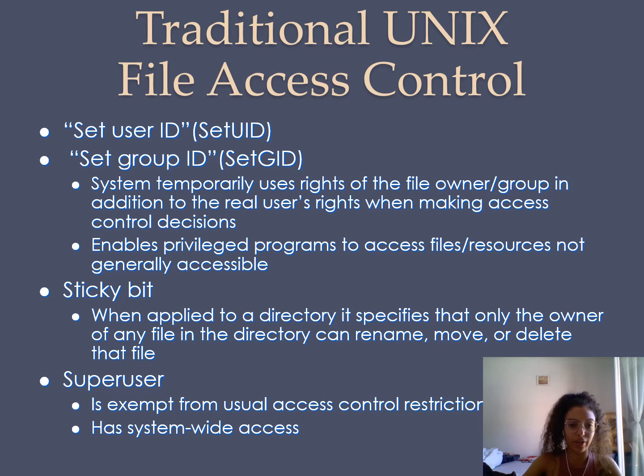These are known as the effective user ID and effective group ID, and are used in addition to the real user ID and real group ID of the executing user when making access control decisions for this program. These changes are only effective while the program is being executed. This feature enables the creation and use of privileged programs that may use files normally inaccessible to other users. So it enables users to access certain files in a controlled fashion.